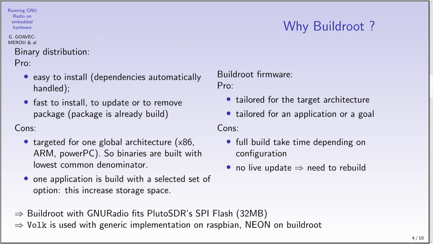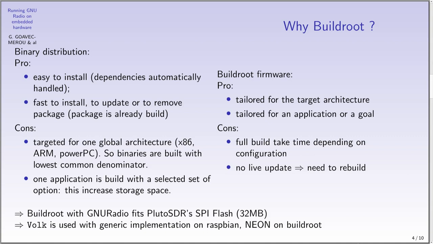In contrast, the firmware produced by BuiltFruit is tailored for the specific architecture. It's not generic ARM, but specifically for a version of ARM, for example, Cortex A9, and consequently, every instruction is available.